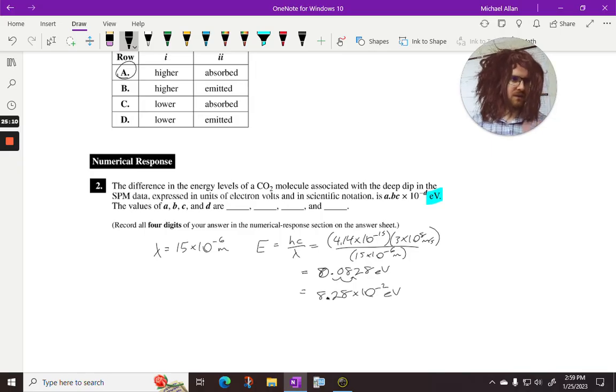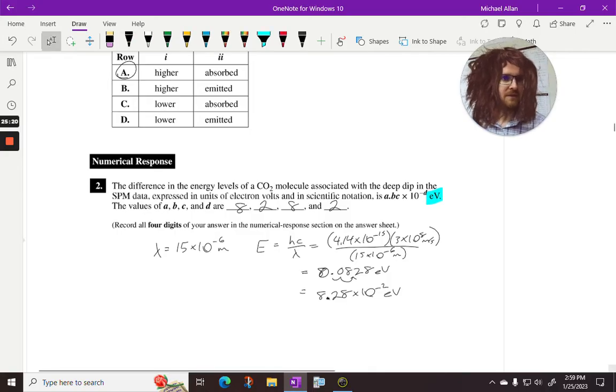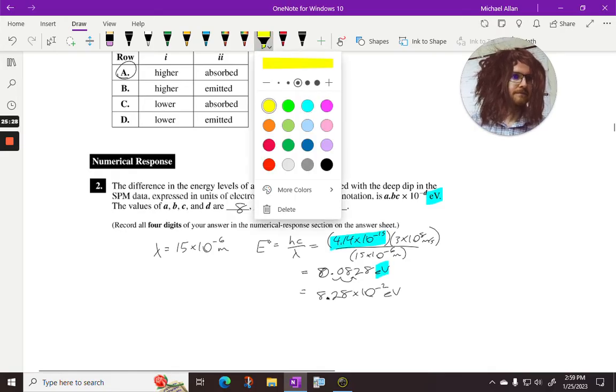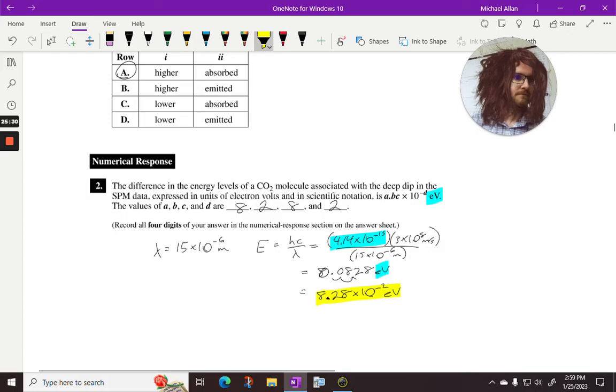Yeah, visible is like in the 1s and 2 electron volts. I think we did some questions like that before. So if I fill this out, I'm going to go 8.28 times 10 to the negative 2. It's kind of a fun number. There we go. Got to just make sure we got the right numbers there.